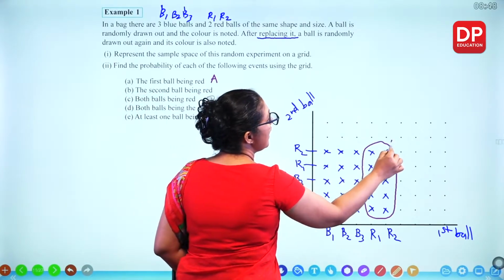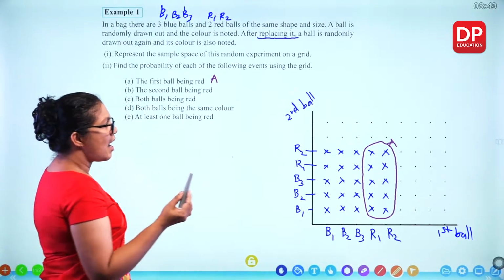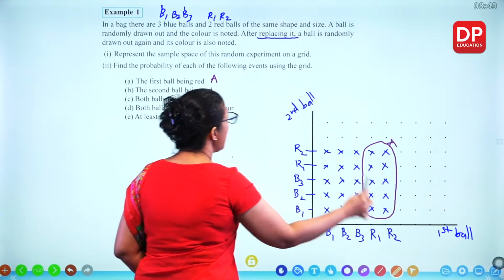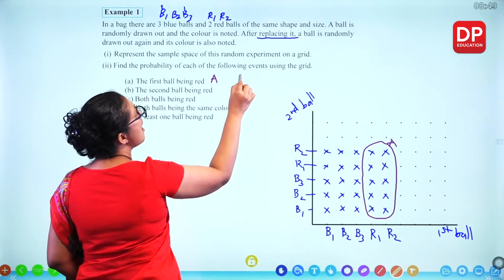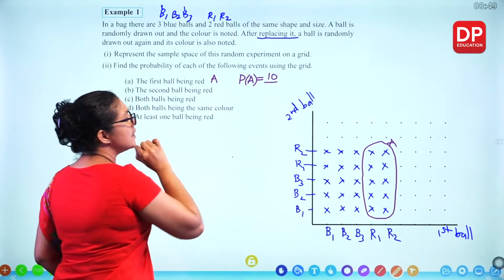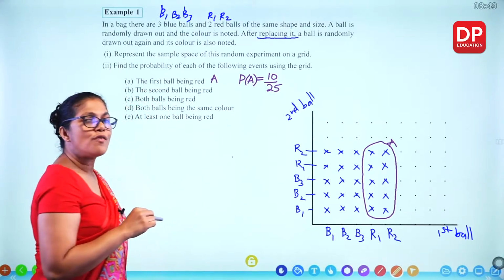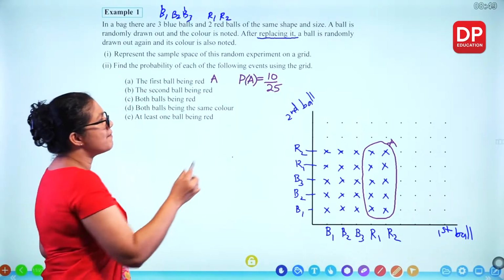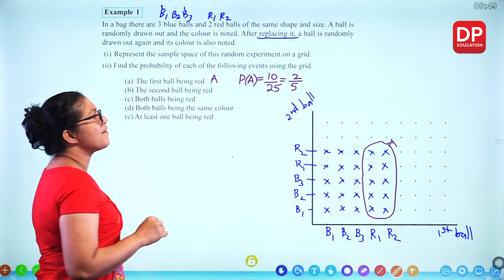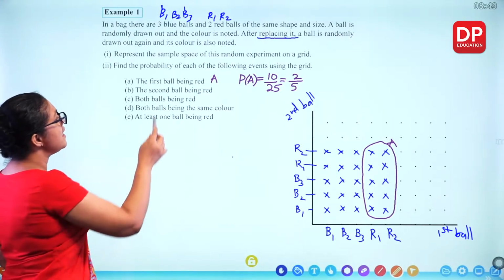So that's A. So what's the probability? How many outcomes are there? 1, 2, 3, 4, 5, 6, 7, 8, 9, 10. 10 outcomes out of altogether 25. 10 out of 25, you can simplify. 5 times 2, 5 times 5. So 2 over 5.